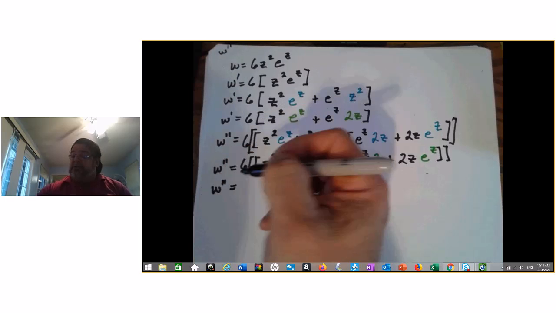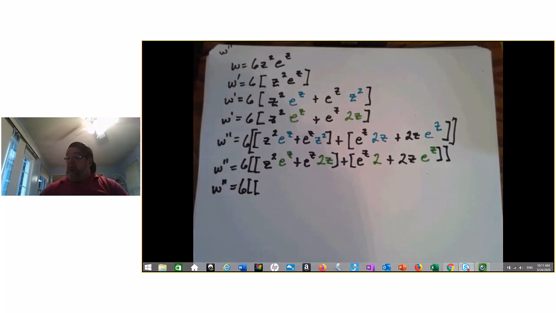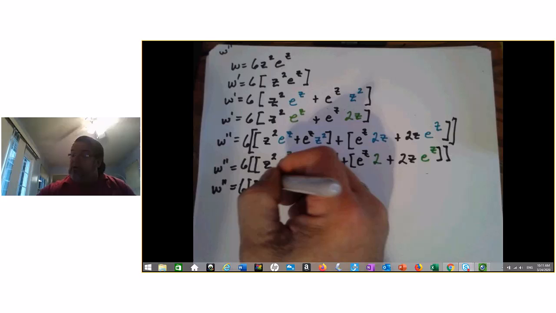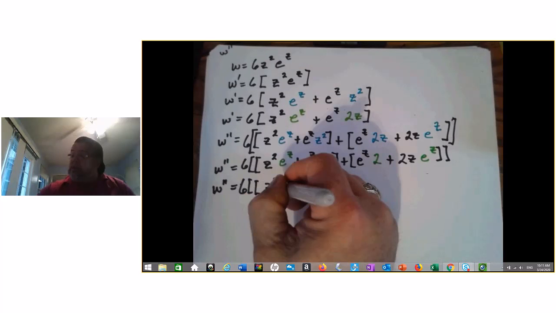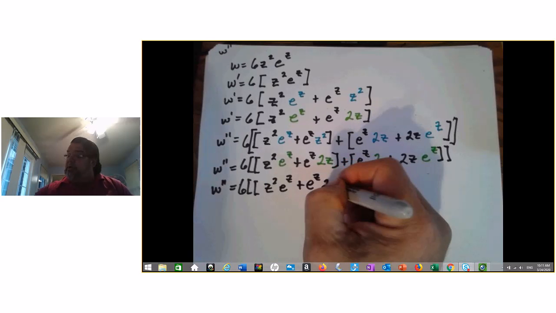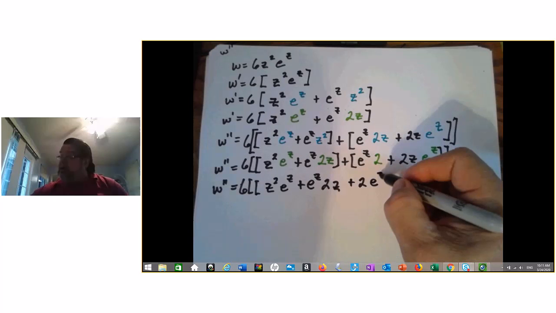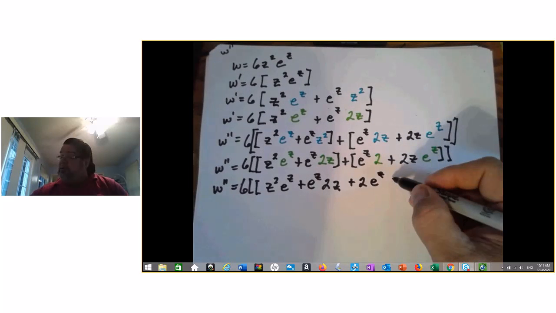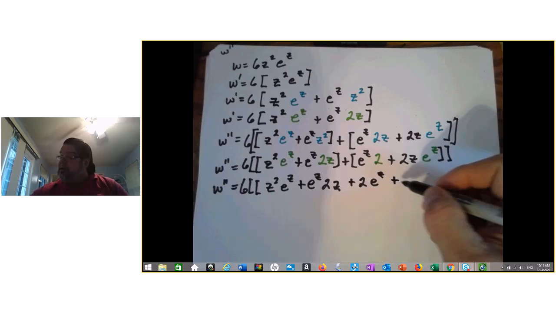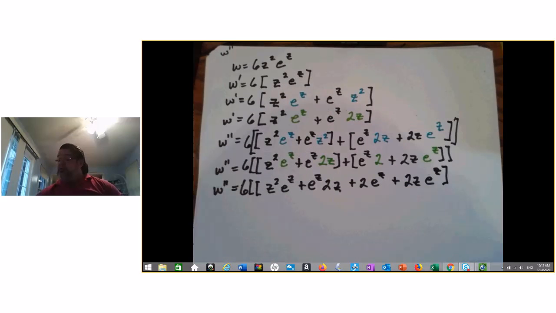So I'm going to put 6, bracket, bracket, and I'm going to get rid of that plus, so I'm going to write z squared e to the z plus e to the z, 2z plus 2e to the z, plus 2z e to the z.